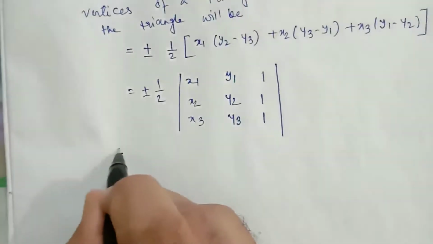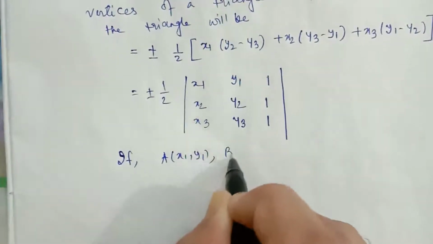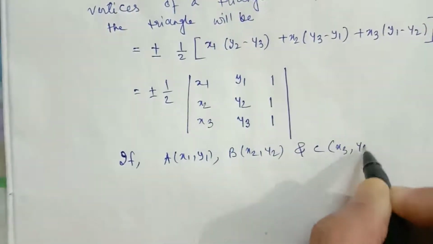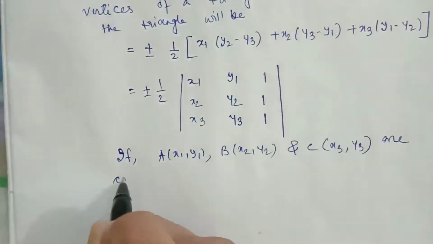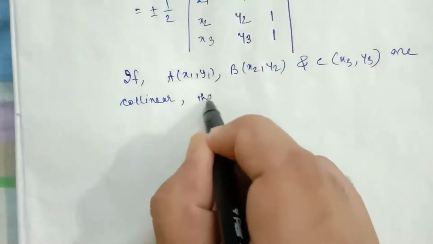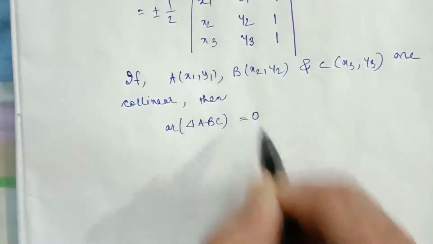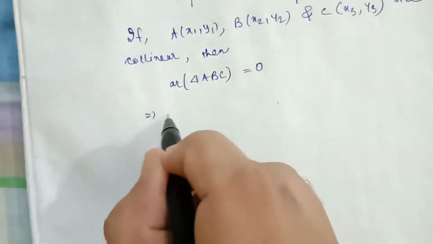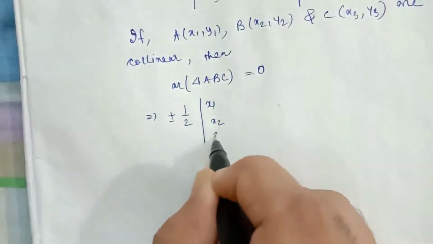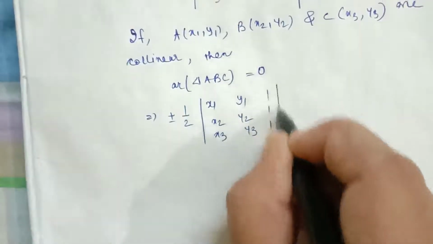Next, if A, B and C are collinear, if these 3 points are collinear, then the area of triangle ABC will be 0, and therefore the value of the determinant plus minus half x1, x2, x3, y1, y2, y3, 1, 1, 1 is equal to 0.